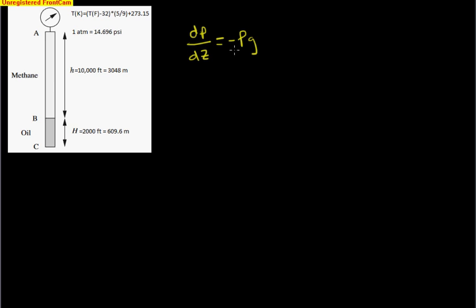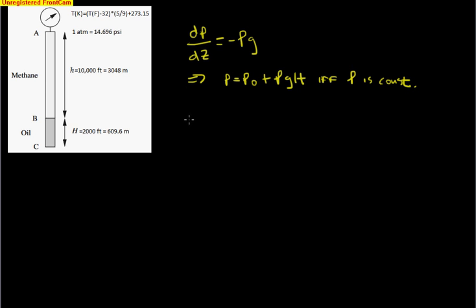And then I went on to separate and integrate, and when I separated and integrated, I said that pressure is equal to P naught plus rho g h. So this is only valid if and only if rho is constant.